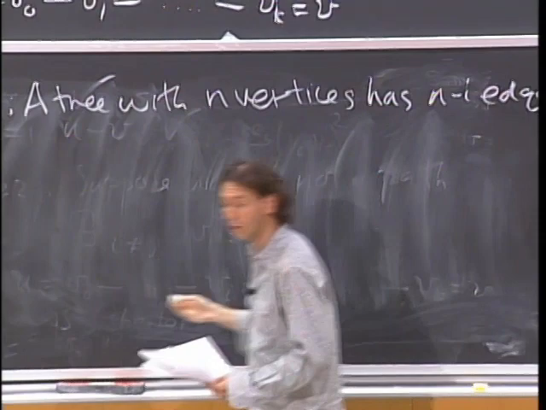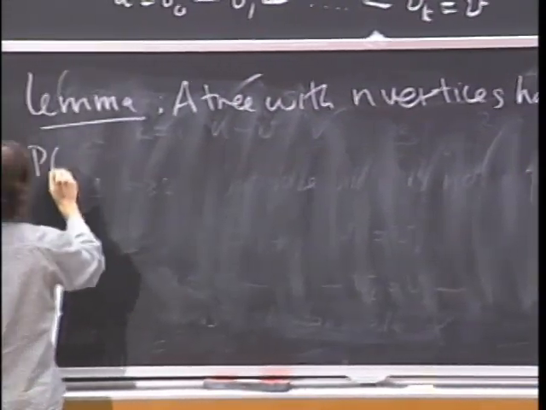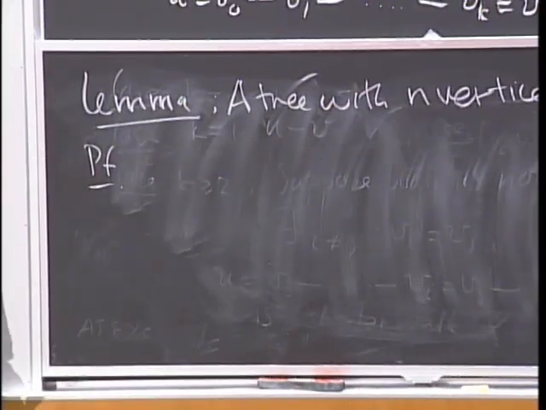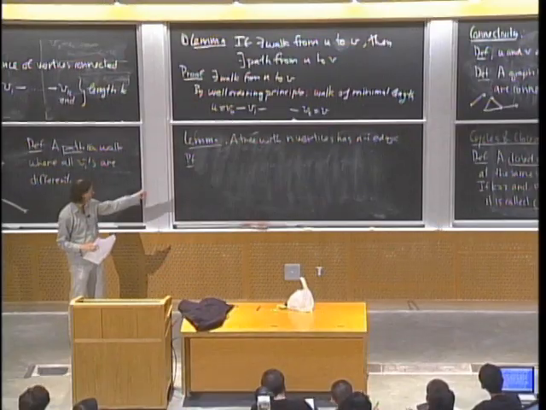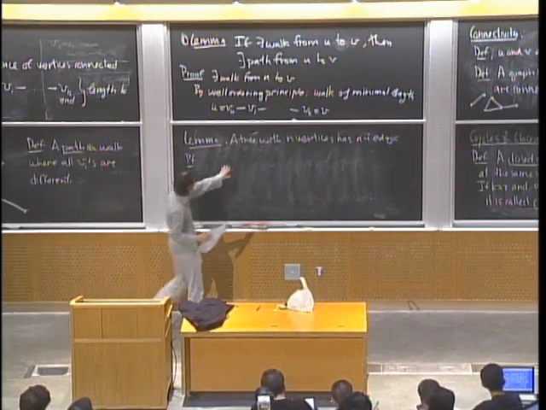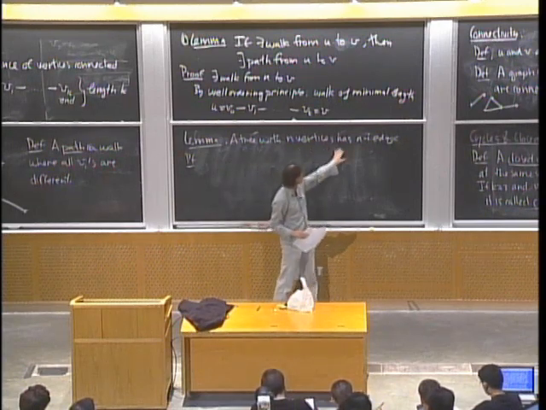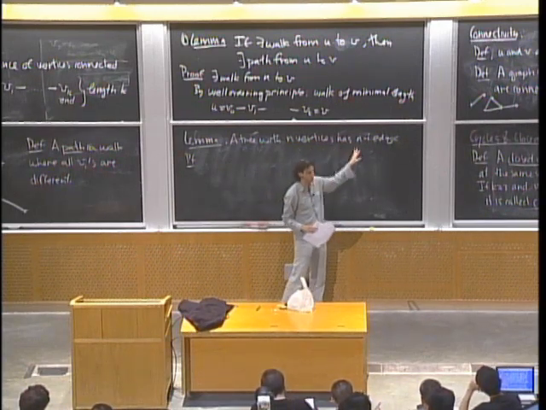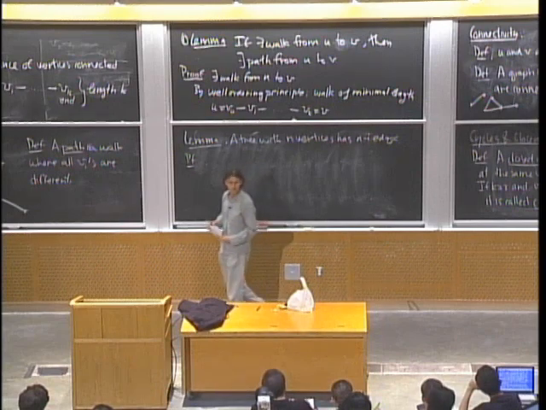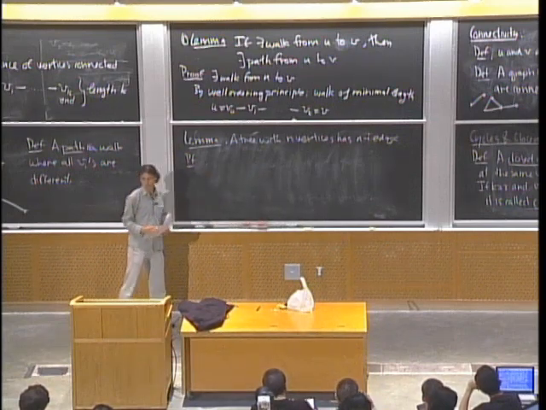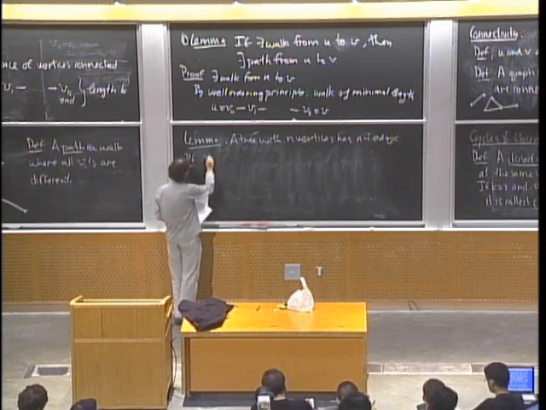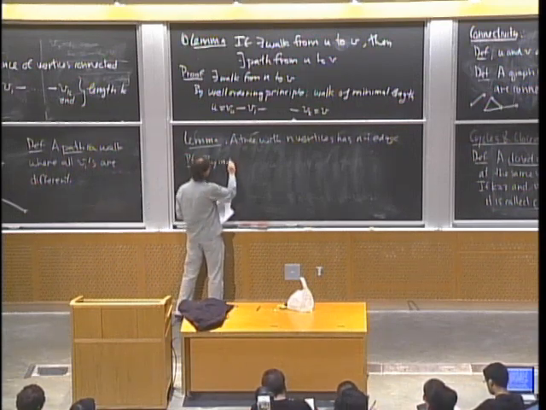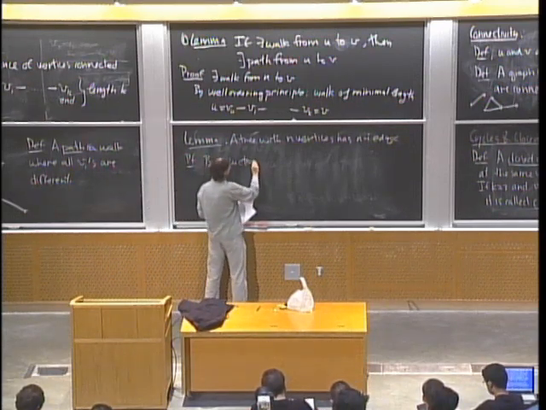So let's see, how can we prove this one? Any suggestions? So what did we use at the beginning of the course here? So we have n vertices, and we want to show that it has n minus 1 edges. We can use induction, right? So let's use induction on n.